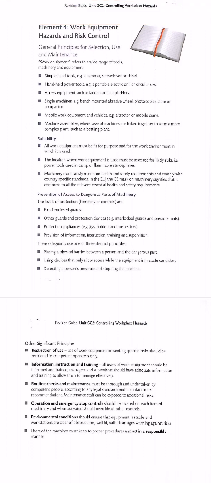Then we talk about number 3. Machines must also satisfy minimum health and safety requirements and comply with country-specific standards, right? In the EU, that is the European Union, the CE mark on machinery signifies that it conforms to all relevant essential health and safety requirements.